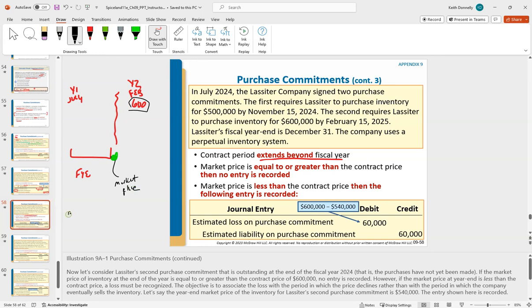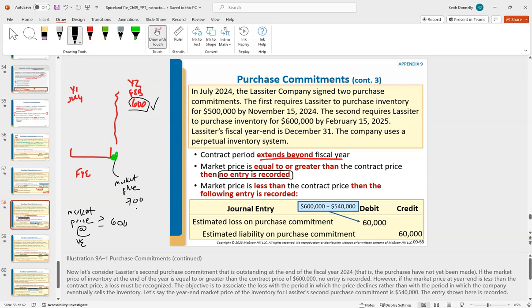And if the market price at year end is greater than or equal to $600, what we agreed to, we're not going to have any journal entry. No journal entry is recorded, right? So if we looked here and, hey, was it $700? Hey, the lower of the two is 600, it's good.